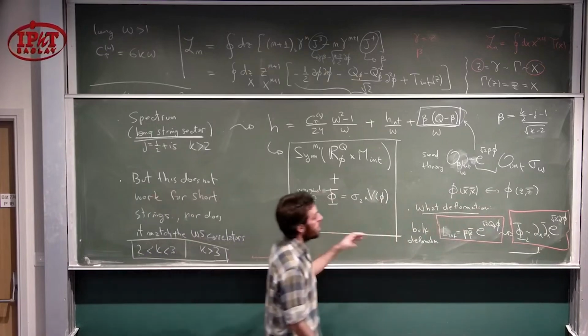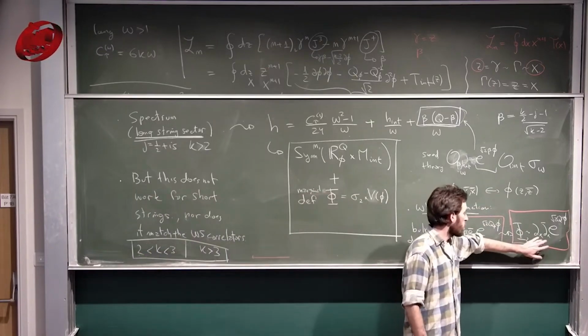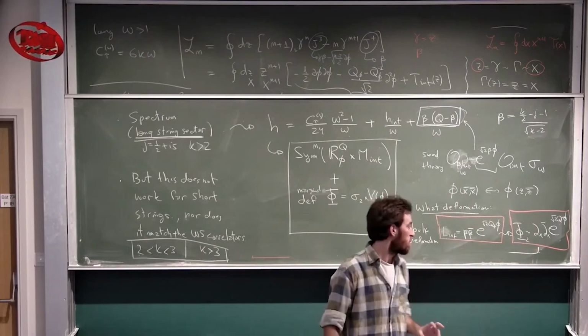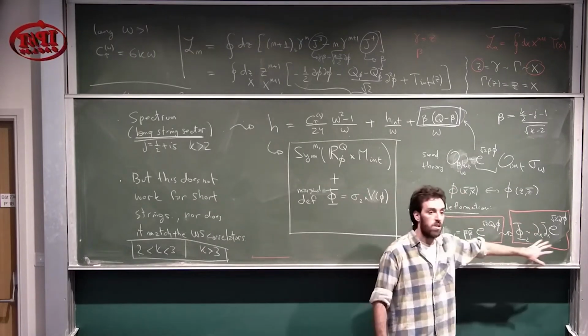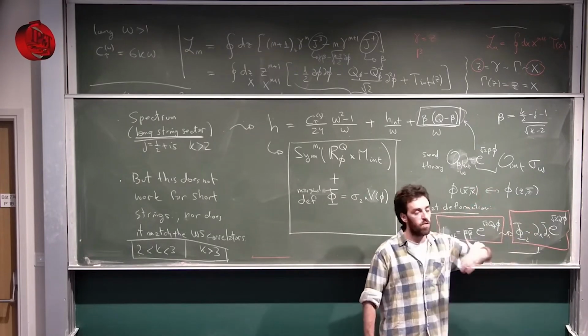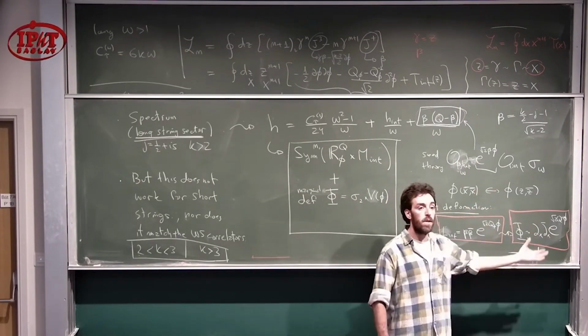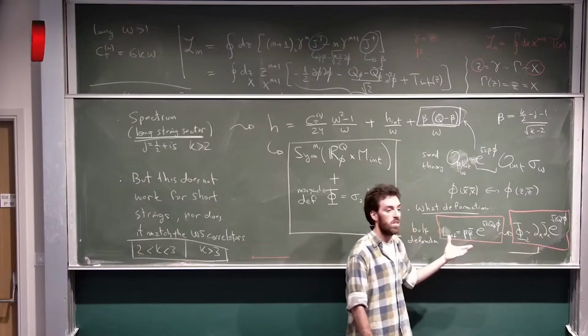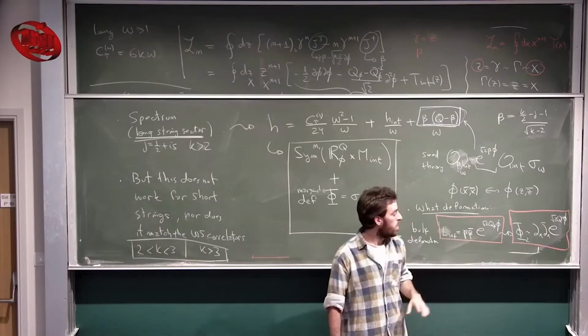And you can check what this does. You can say it in a much more explicit way. I really don't have time to get into that. But you can see that this proposal actually makes sense. It actually changes the equation of motion of your boundary theory in exactly the kind of analogous way as this guy changes the equation of motion in the bulk.